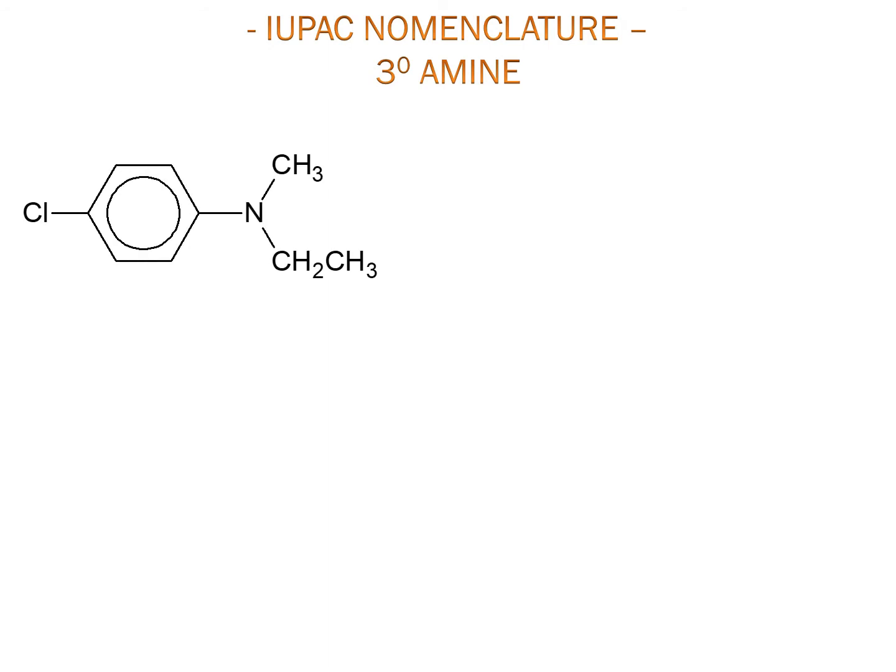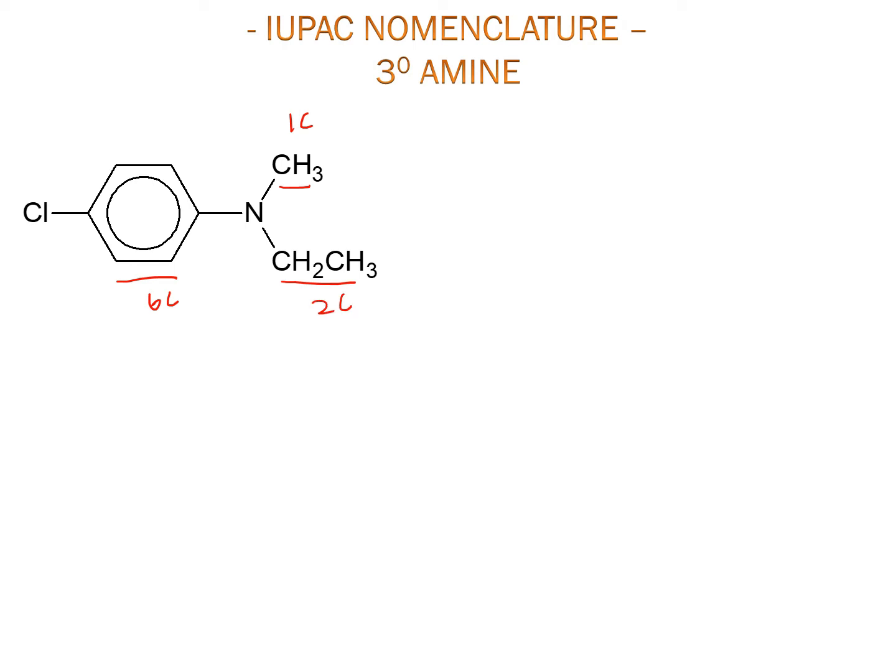Continue with the example. This one is a tertiary amine, which is 3 R groups bonded to N. So identify the longest continuous carbon chain bonded to N. The first R is 6 carbon, the second R is 1 carbon, and the third R is 2 carbon.